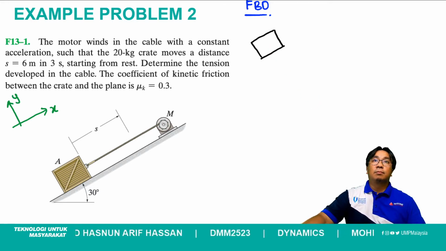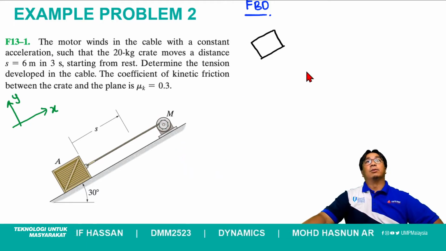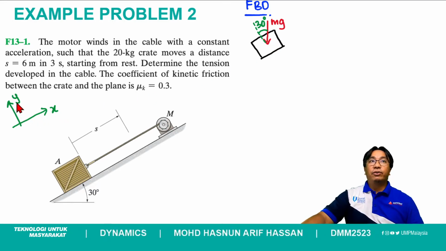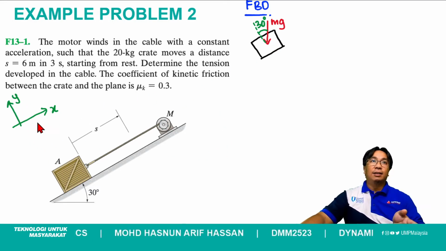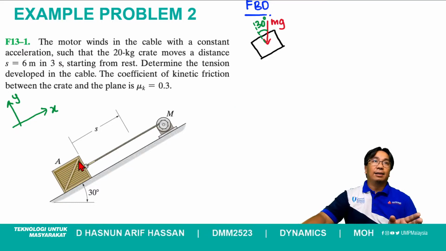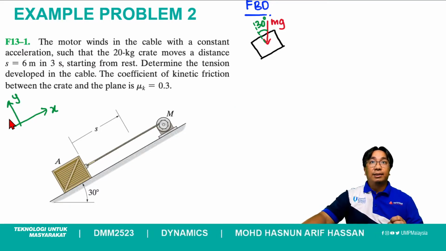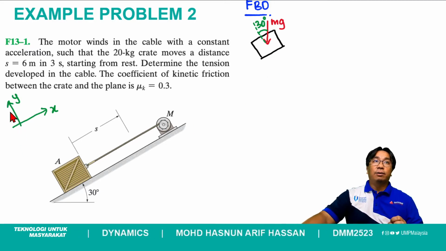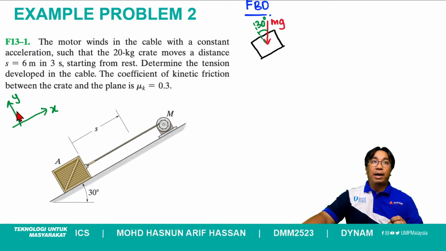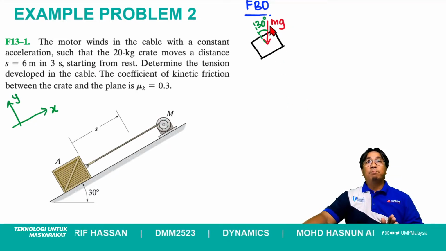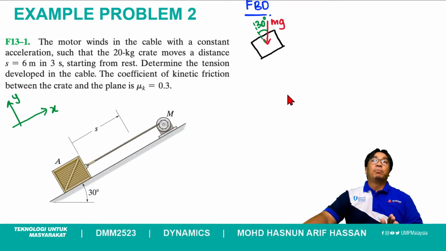Y-axis bukan Y-axis. Straight, betul. Remember, the weight will never act at any angle. Walaupun kita define our y-axis like this, the weight will not be applied this way. The weight will always be straight down. Okay, mg will always be straight down.